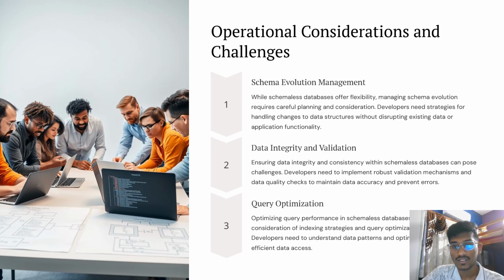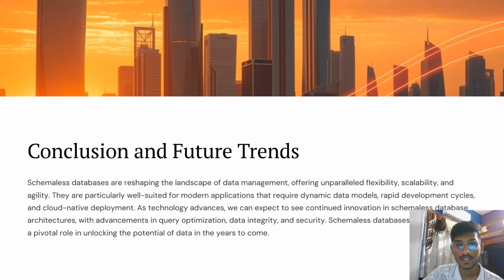So we need to make sure that validation mechanisms and various data accuracy mechanisms are involved in order to prevent errors. Query optimization: since it does not involve SQL queries, it involves specialized querying languages such as MongoDB. We should make sure that the query is optimized to the highest degree to ensure fast manipulation and updating of data in the database.